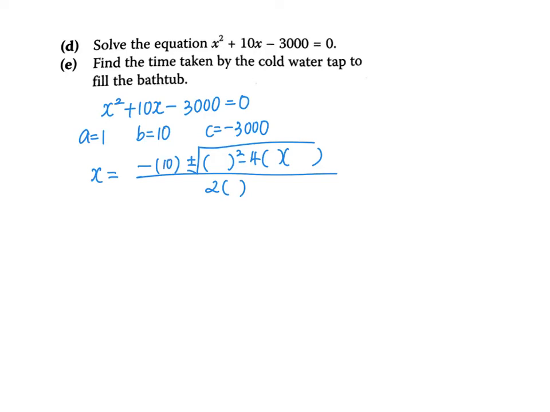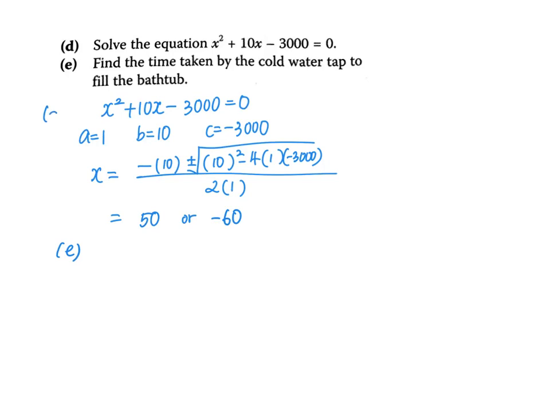And plug in our values. And we can use our calculator mode 3-3 to help us find the solution. In this case, the value of x is 50 or negative 60.